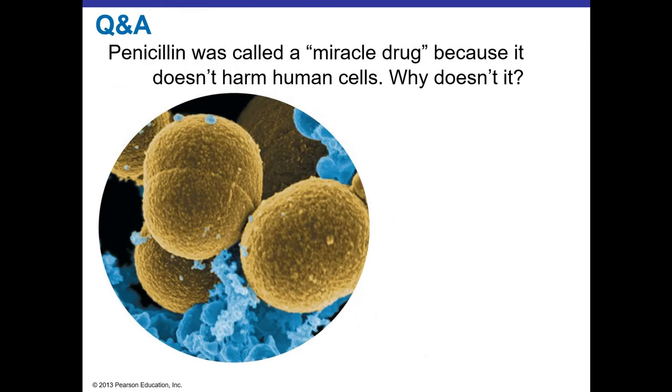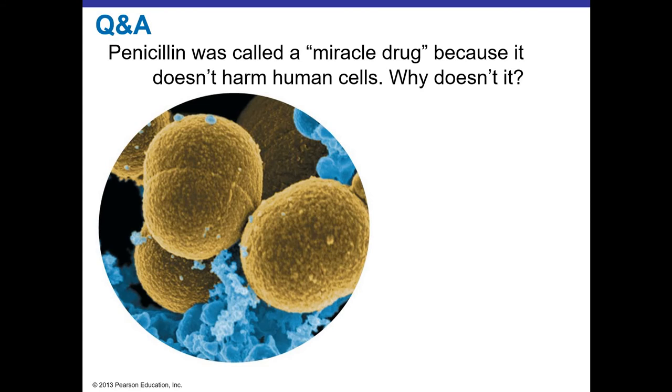So originally, penicillin was called a miracle drug because it doesn't harm human cells. Why doesn't it? Penicillin was designed to prevent the making of that peptidoglycan cell wall. So it sounded great. Unfortunately, it doesn't work as well on all bacteria.